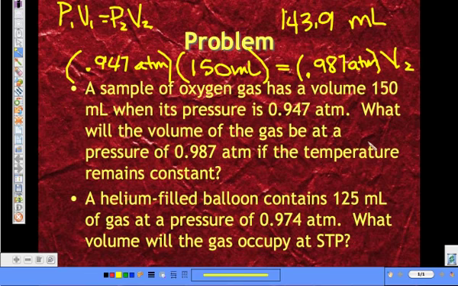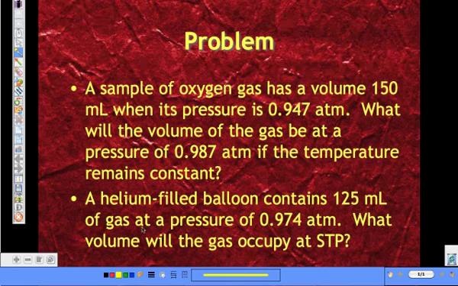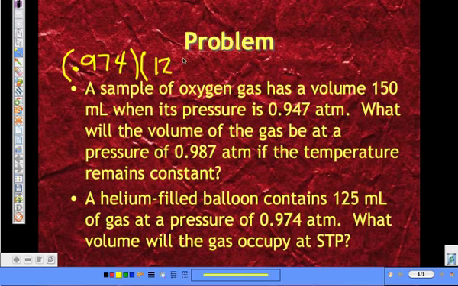Let's try the next one, the helium-filled balloon. It consists of 125 milliliters of gas at a pressure of 0.974 atm. What volume will the gas occupy at STP? What's our initial pressure? 0.974. What's our initial volume? Again, we're looking for volume, but what's our final pressure? Right, STP means standard temperature and pressure. What's our standard pressure? 1 atm.